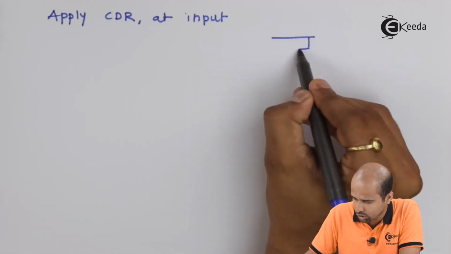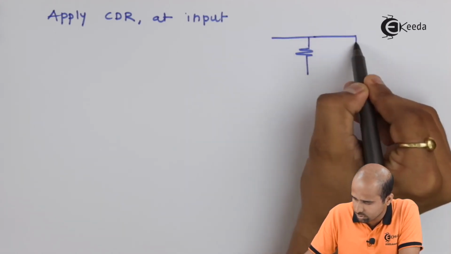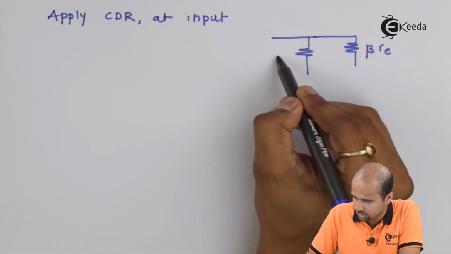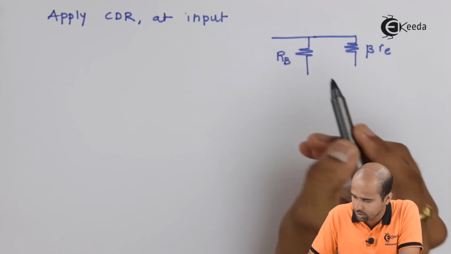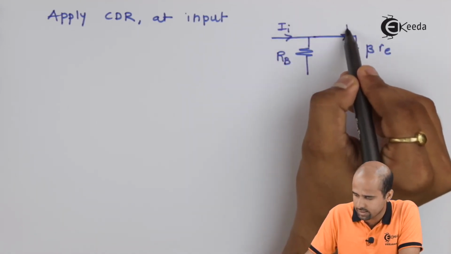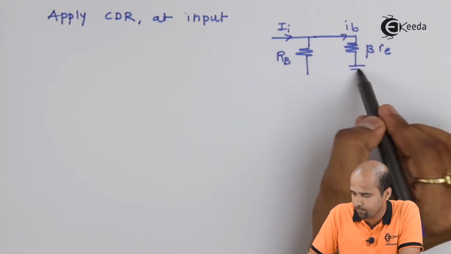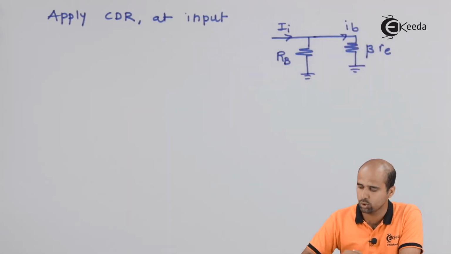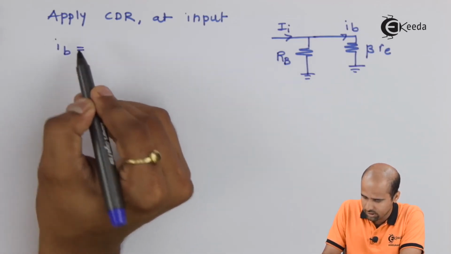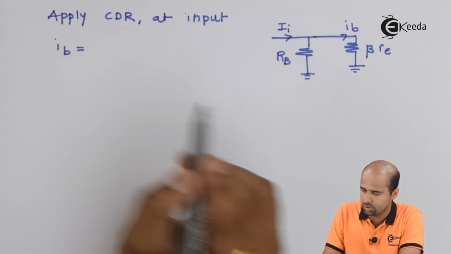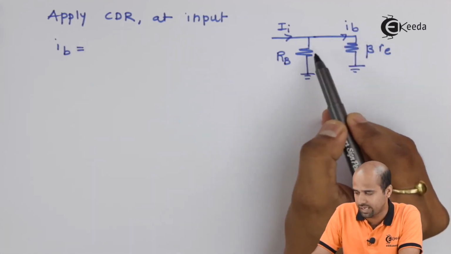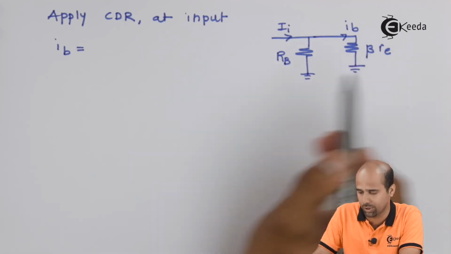Again we will draw the pictorial representation. Beta RE, this is your value of RB, this is total current, that is II, and this is current IB. Both resistances connected to ground. I can say that IB is equal to capital RB divided by capital RB plus beta into RE.